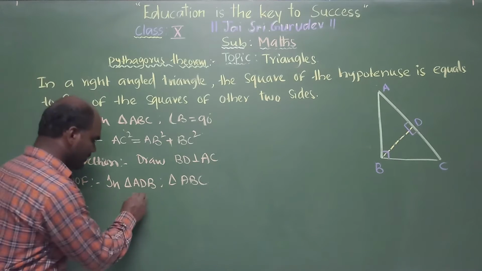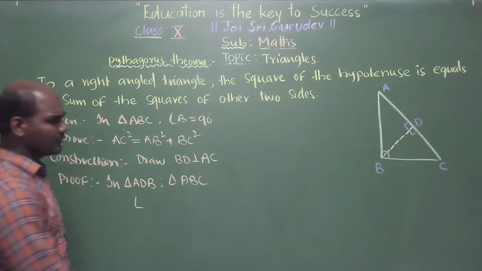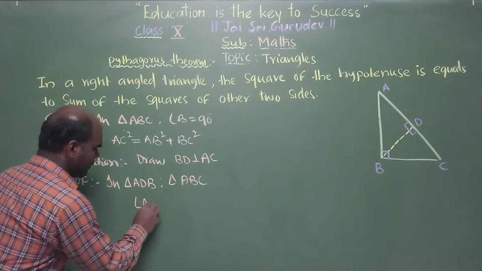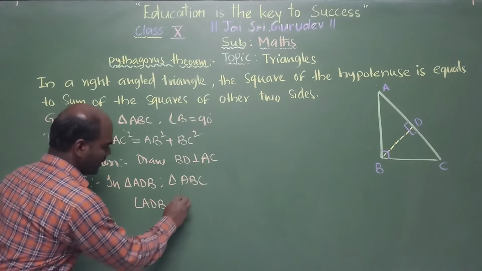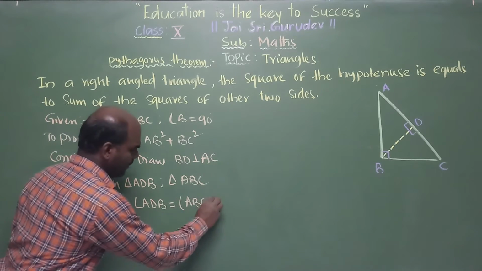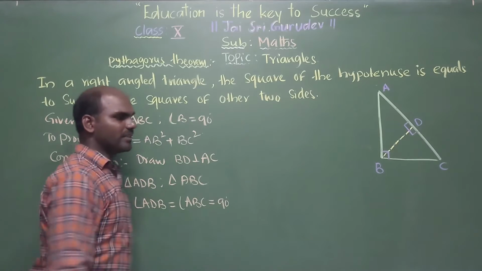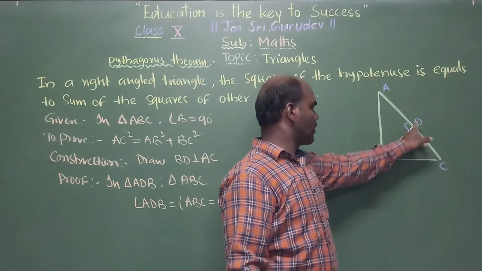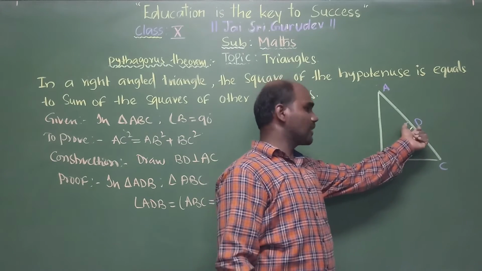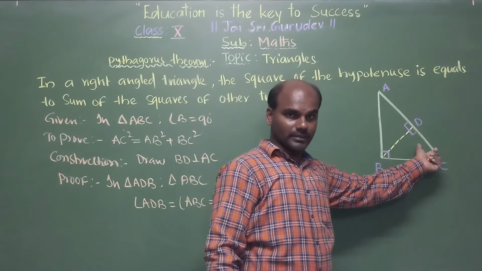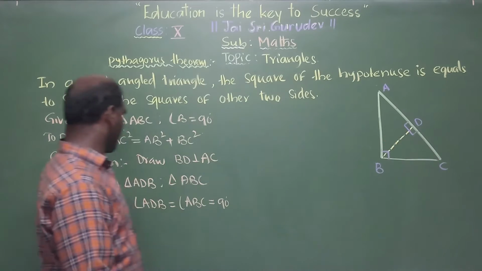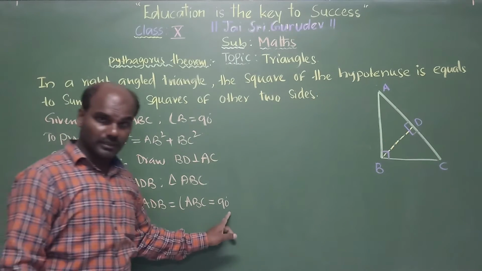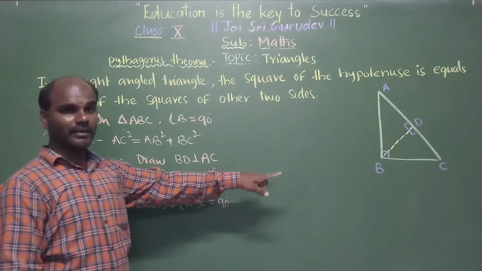When we compare, angle ADB is equal to angle ABC. How many degrees, children? 90 degrees. ADB, since we drew the perpendicular, is also 90 degrees. Yes or no, children? So angle ADB and angle ABC are each 90 degrees.